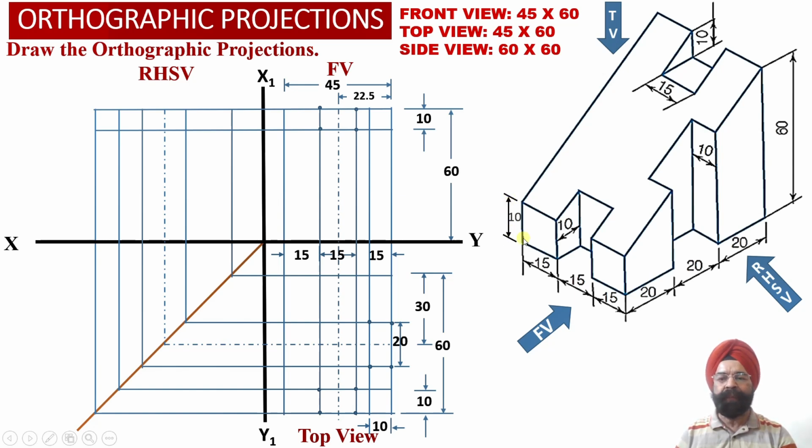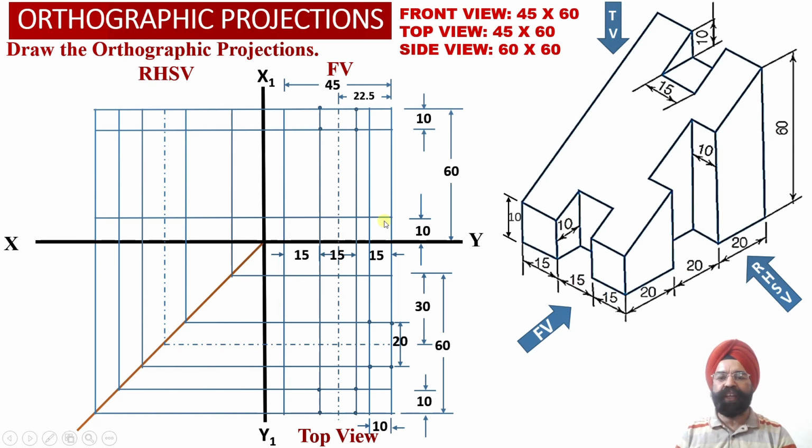Now we can check as we look at the solid from the front view orientation. We observe that the height of this surface above the ground is equal to 10 millimeter. So now we have to mark a distance of 10 millimeter above the ground, and we will obtain a horizontal projector line into the front view projections, and we are required to extend this horizontal projector line from the front view projections into the right hand side view orthographic projection view over here.